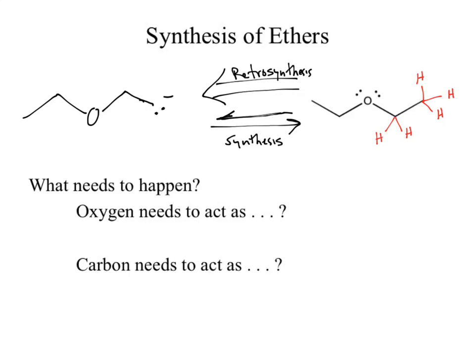Why not? I'm going to react with H+. It's a ridiculously easy reaction, right? Why would I not expect that to be a valid synthesis for an ether? Pretty unusual to have a negatively charged carbon. Very unusual to have that negatively charged carbon.